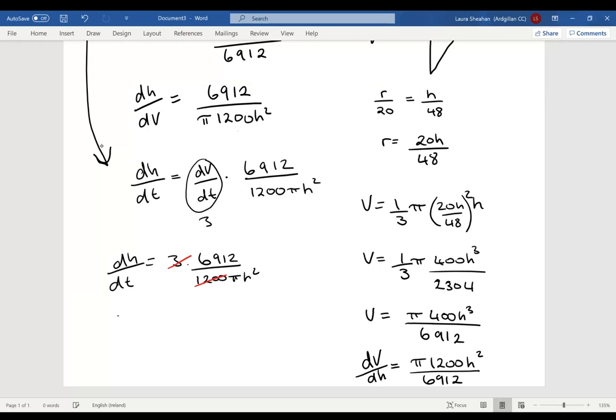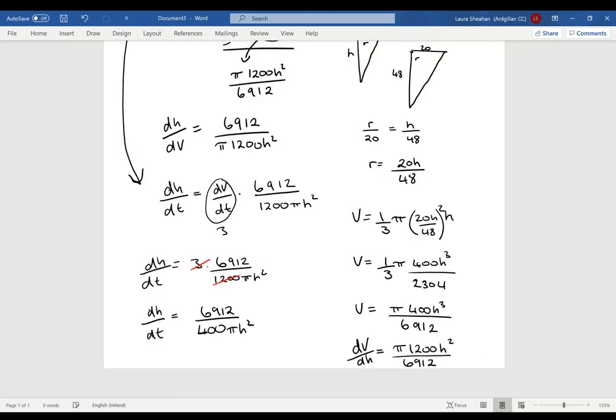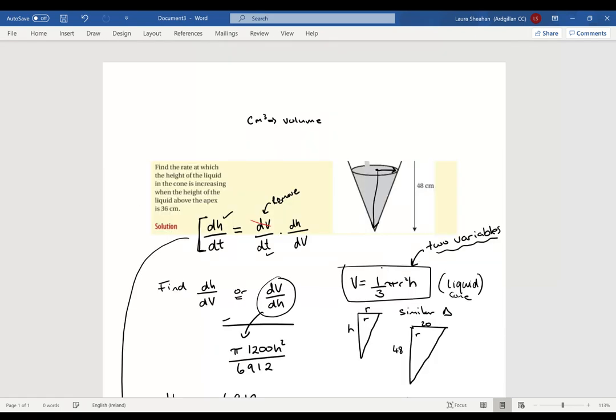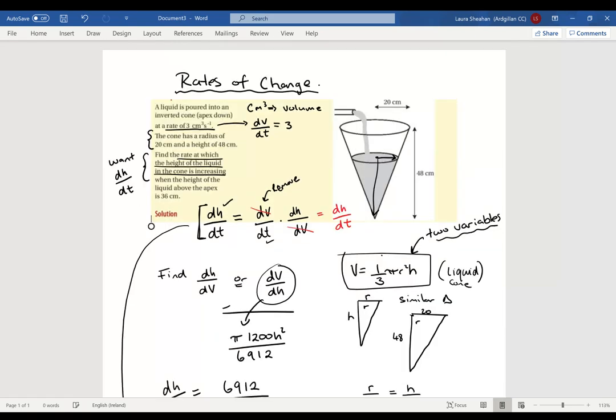And I've got dh/dt is equal to 6912 over 400 pi h squared, which is my expression for dh/dt.